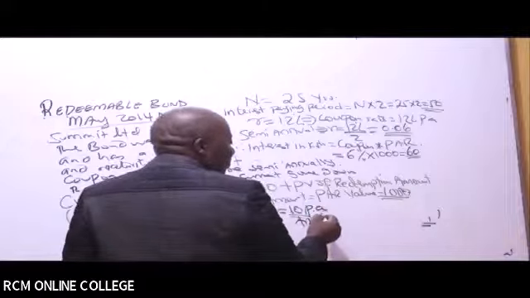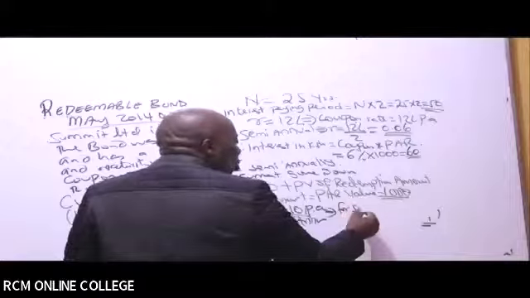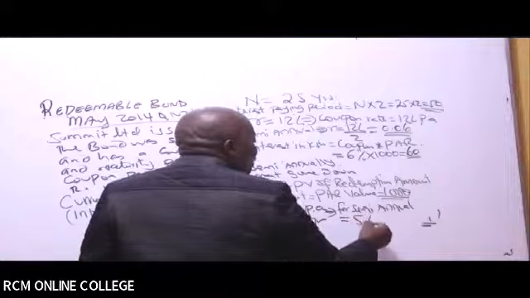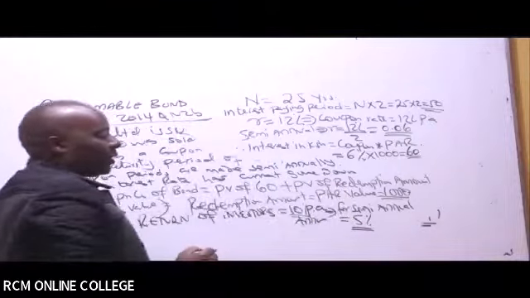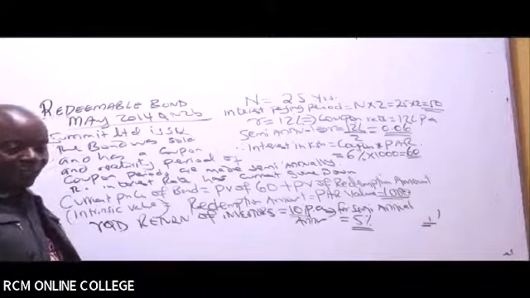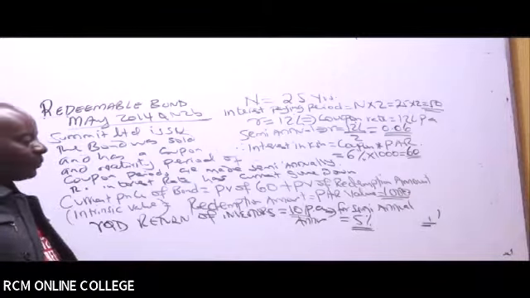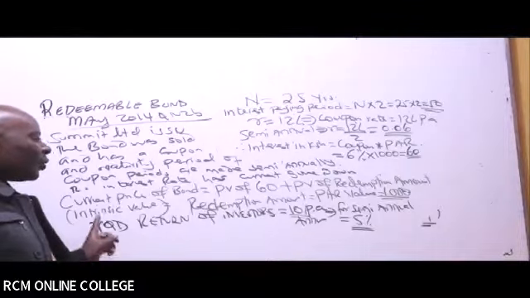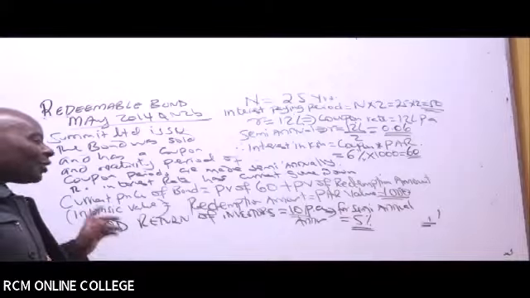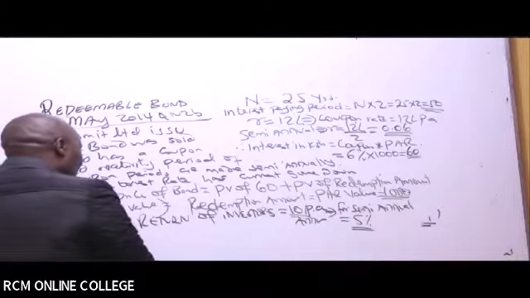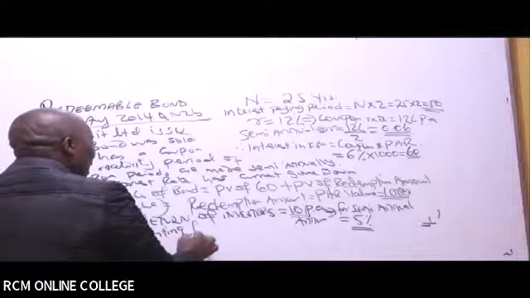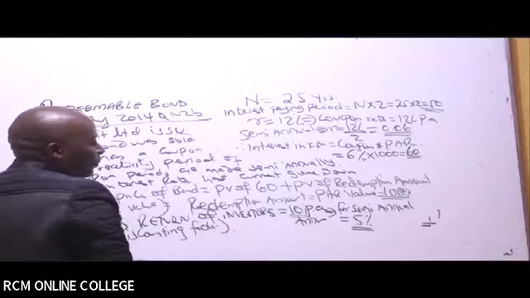For 6 months, for semi-annual, we shall use 5%. The 10% is annual, a whole year. The required return of these investors is the discounting factor, the cost of capital.